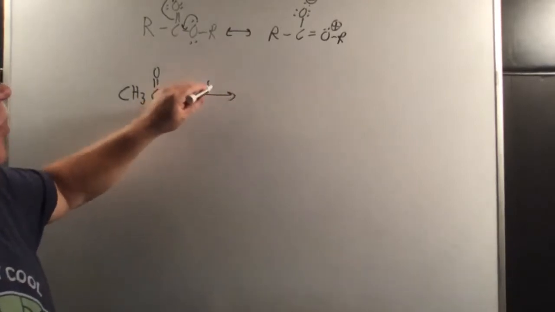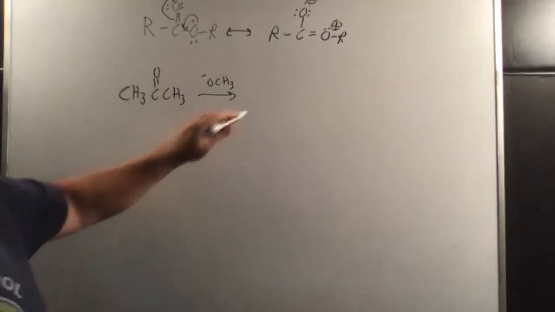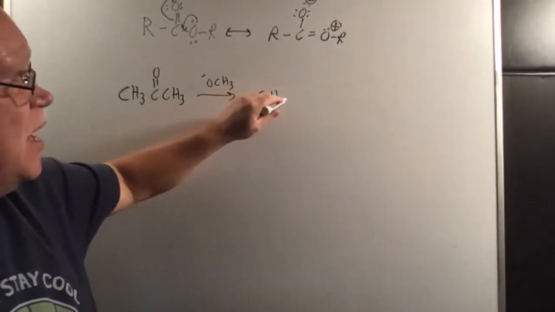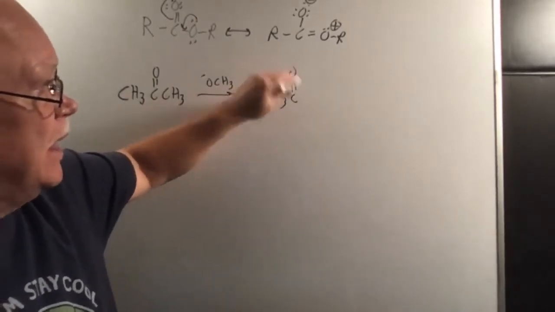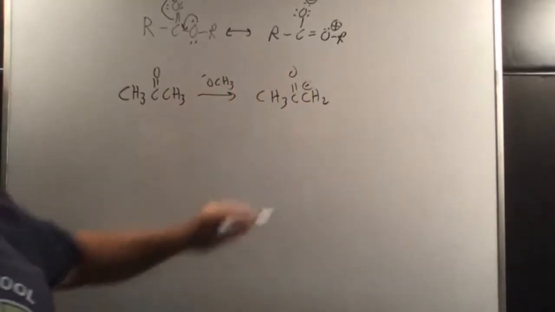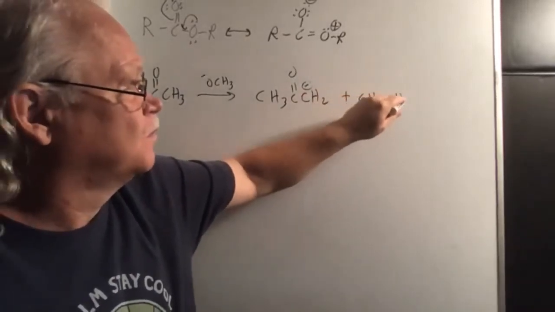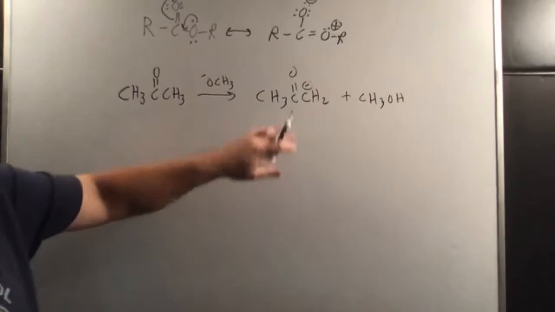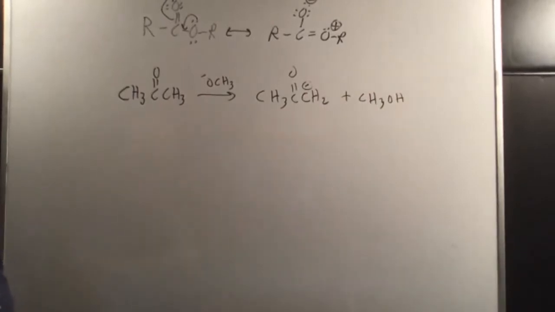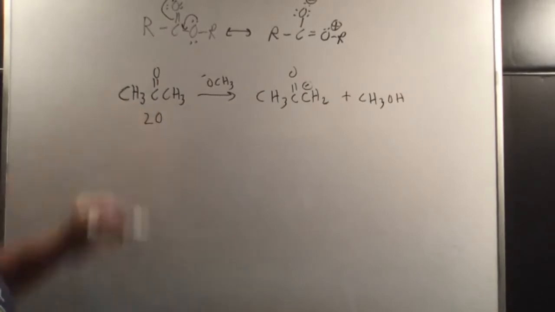And I'm going to choose OCH3- as my base this time. Notice again what that base does. It pulls off one of the alpha hydrogens in an acid-base reaction. Now, it turns out that the pKa of this is about 20.